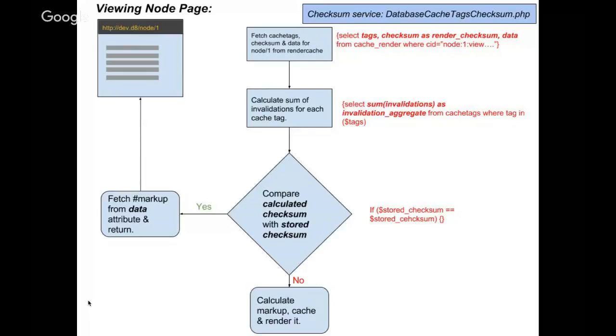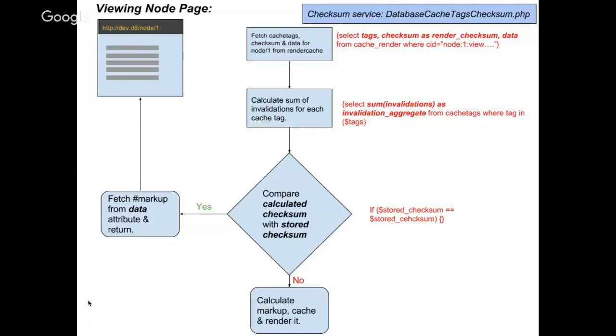It'll fetch 3 values. The first one will be the cache tags. The second one will be a calculated checksum, and the third one is the cache data. So it'll fire a query saying select tags, checksum, and data from cache render table, where cache ID is node:1:view, or whatever the cache ID may be.